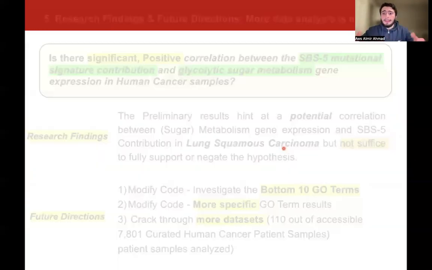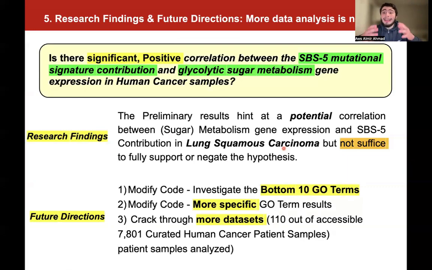And so ultimately, our current data is not sufficient to fully support or negate a positive, significant correlation between SBS5 mutational signature contribution and glycolytic sugar metabolism. And so for our future directions, we indeed need to crack through more data sets to have a better representative sample.